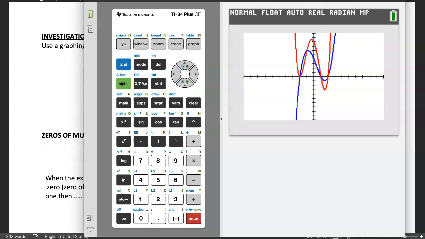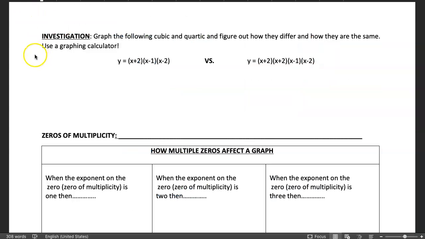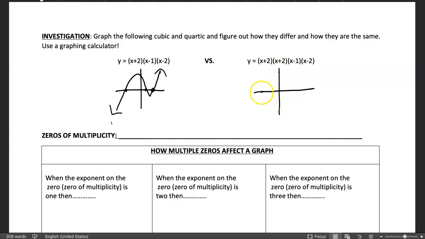So let's go ahead and sketch out what each of these look like. For this one, we had something at -2, we had something at 1, and we had something at +2, and ended up looking sort of like this. Whereas with the quartic, we still had a zero at -2, 1 at 1, and 1 at 2.